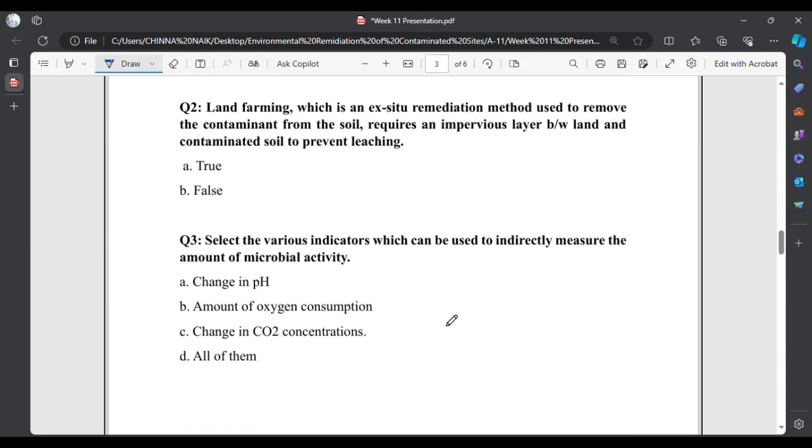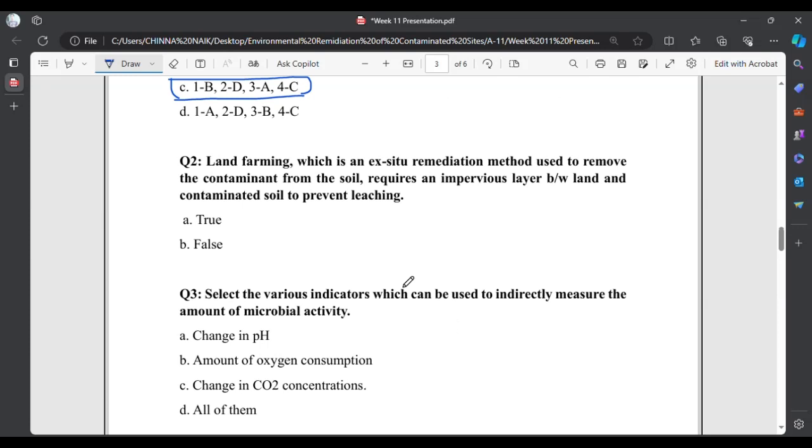Question number 2. Land farming, which is an ex situ remediation method used to remove contaminants from the soil, requires an impervious layer between the land and the contaminated soil to prevent leaching. Is this statement true or false?